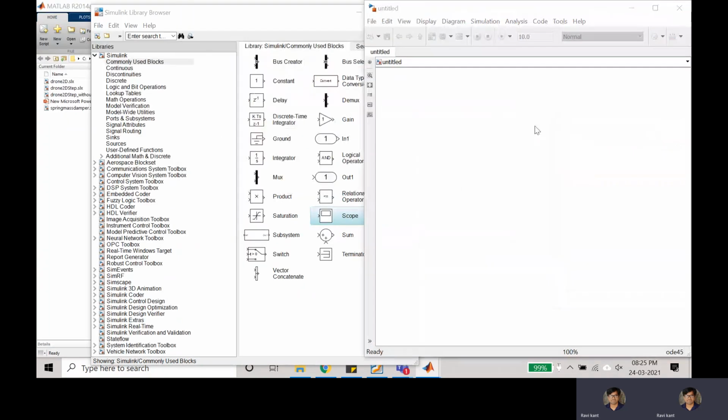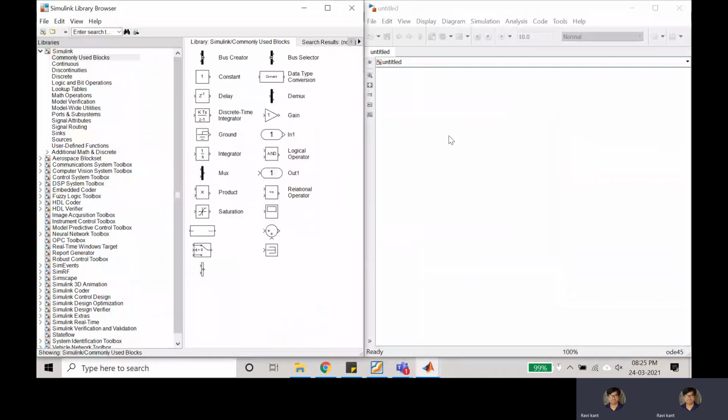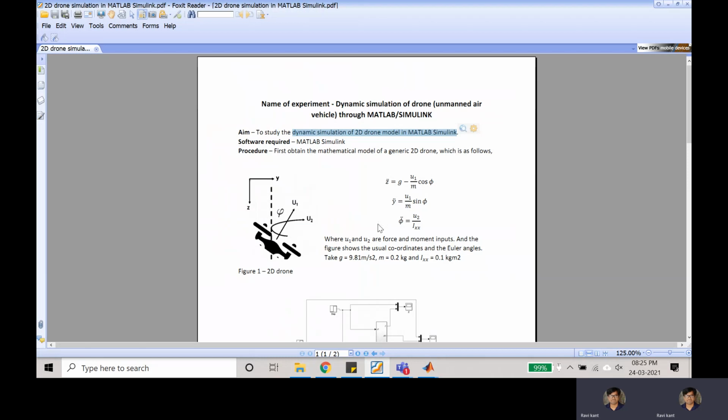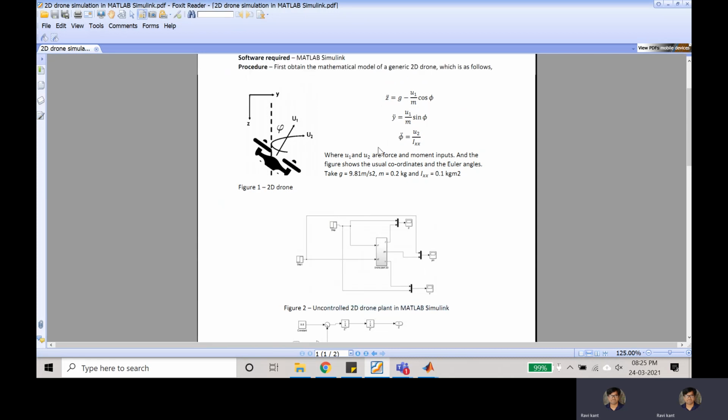So what you are going to do is put it side by side. So first we are going to simulate our uncontrolled 2D drone plant in Simulink with the information of these governing equations.